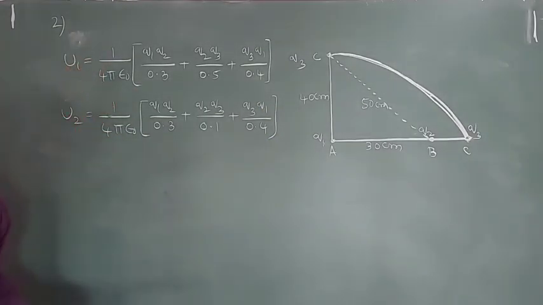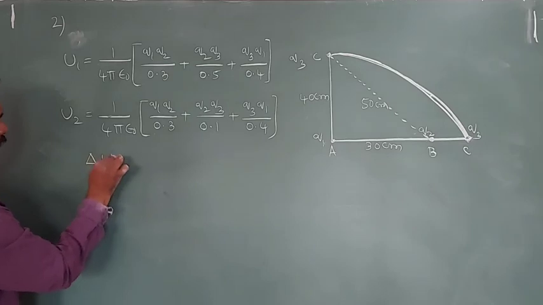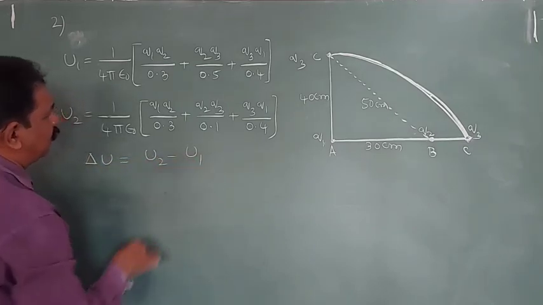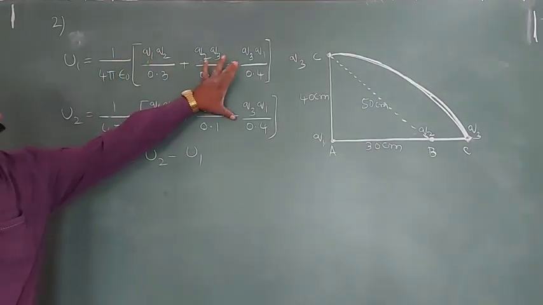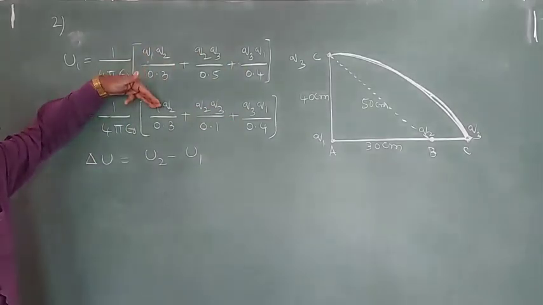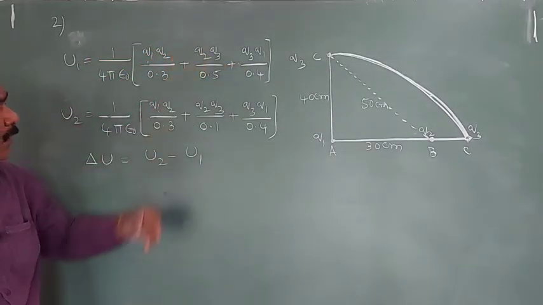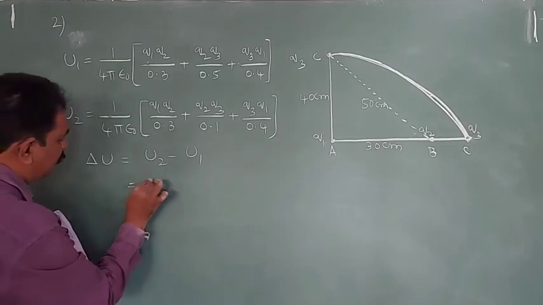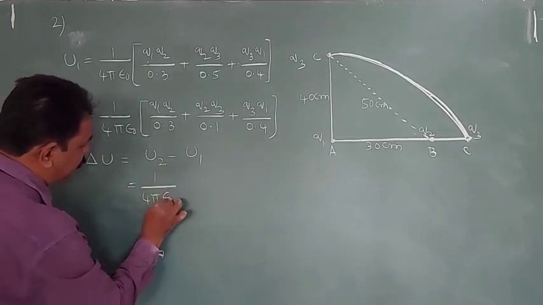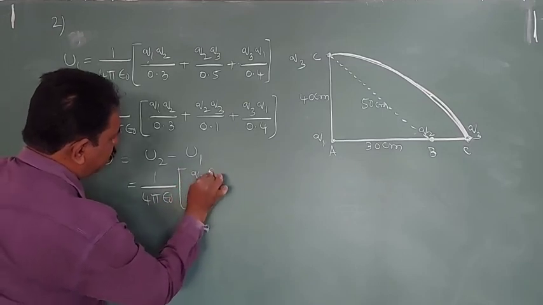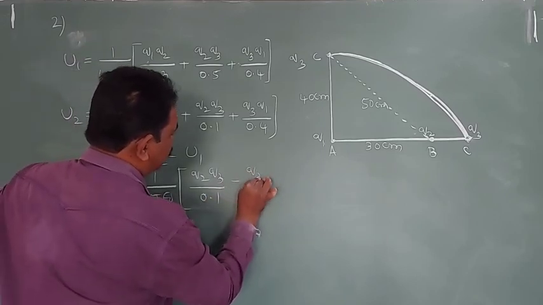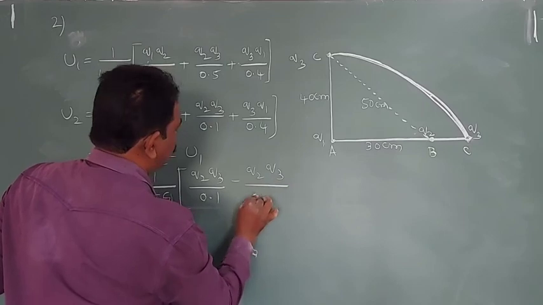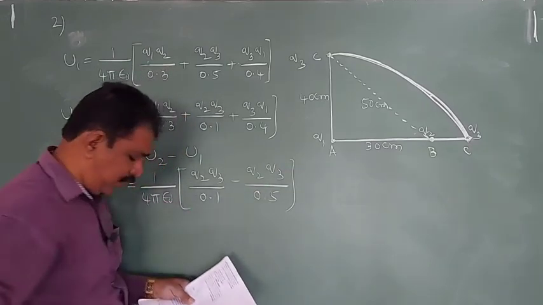Okay, if you subtract these two, that is the change in the potential energy. Delta U is equal to U2 minus U1. You observe, these two terms are same. These two terms are same. If you subtract, this minus this will be 0, this minus this will be 0. So 1 by 4 pi epsilon naught, Q2 Q3 by 0.1 minus Q2 Q3 by 0.5.